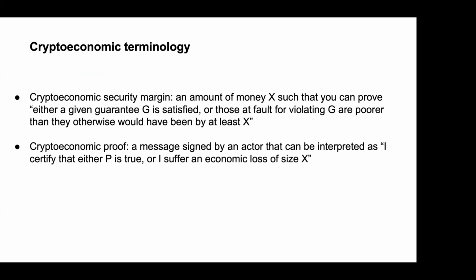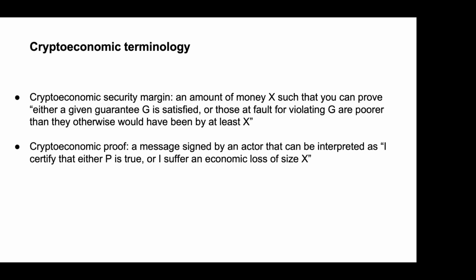Some of the terminology you may come across in economics, I'll give some of the meanings there. So it's all about things like the economic loss that you would get if you do a certain behavior, and being able to quantify that. And if you're working out the cryptoeconomics of a system, you want to know that the loss that somebody would get if they behave maliciously is far more than what they could potentially gain.